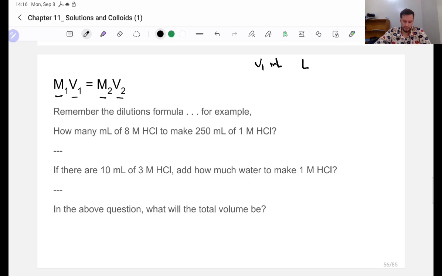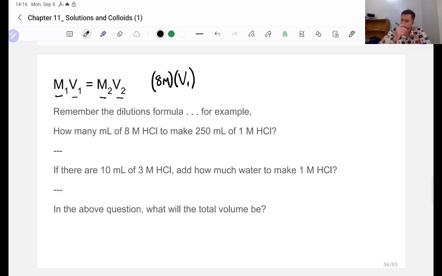So, how many milliliters of 8 molar HCl to make 250 milliliters of 1 molar HCl? So this is how we're going to use this formula. So M1 is 8 molar, and then the volume that we need of it is unknown. Okay?